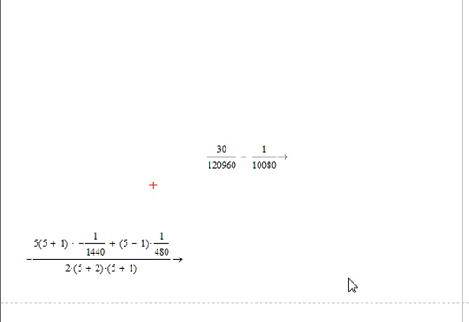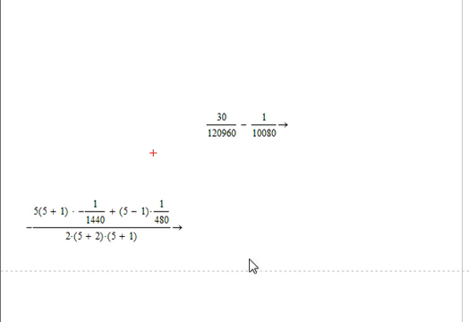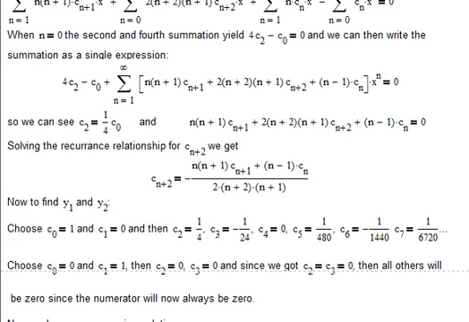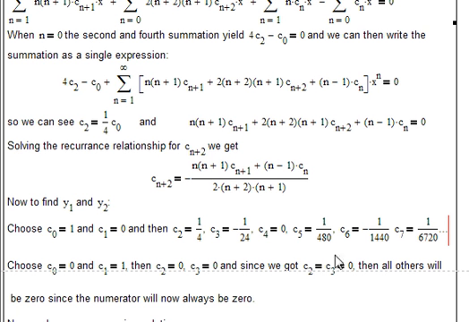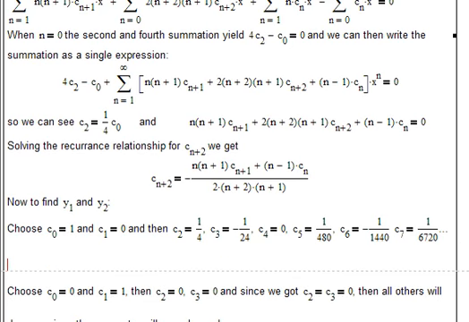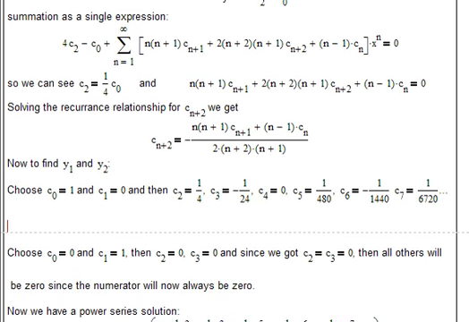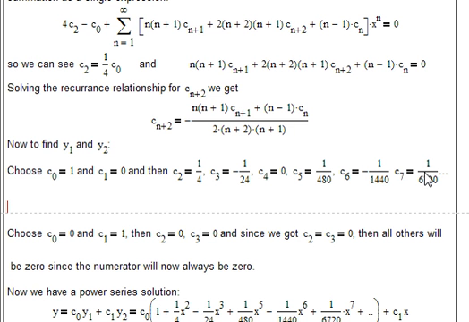I don't know why my software isn't calculating over here for some reason or other, but it did calculate at one time, and I was able to get these just by using a calculator. So hopefully that isn't too awful to see. And so we do that, and then we get our values for c sub i.